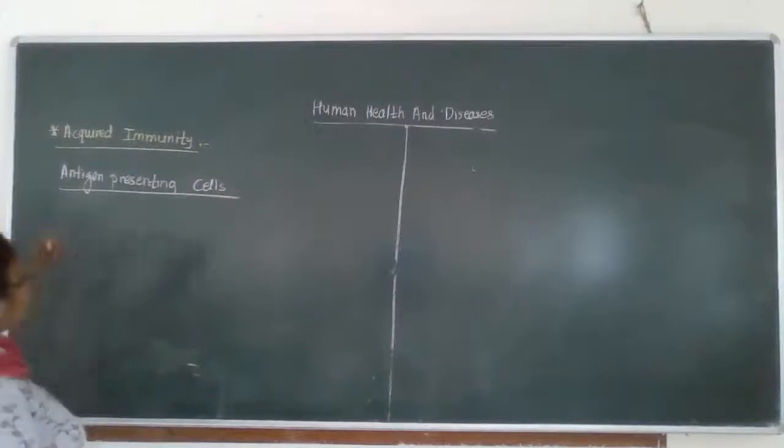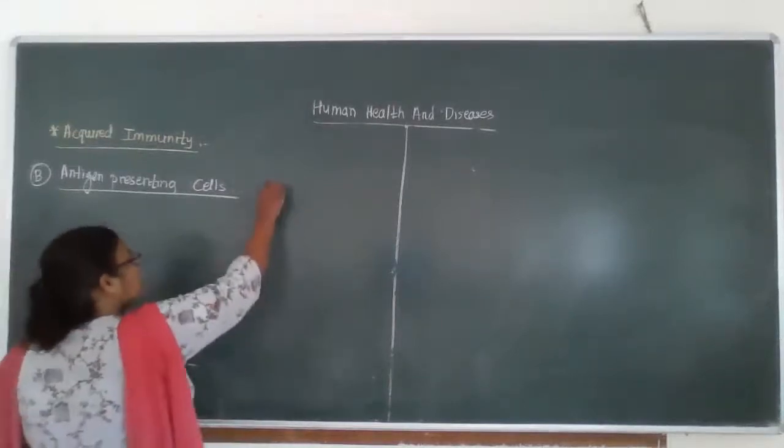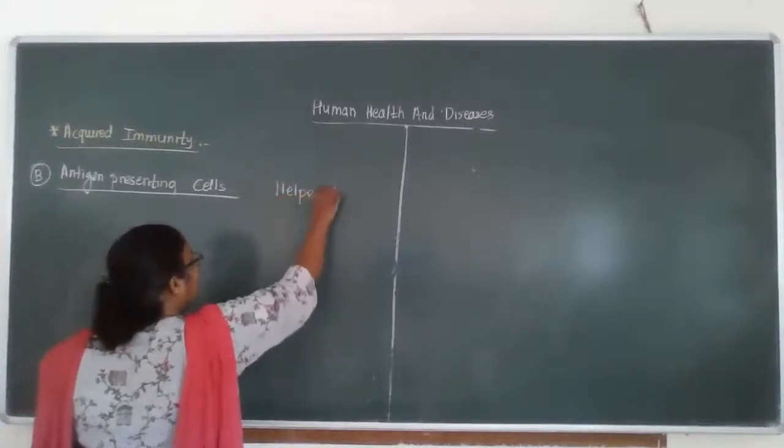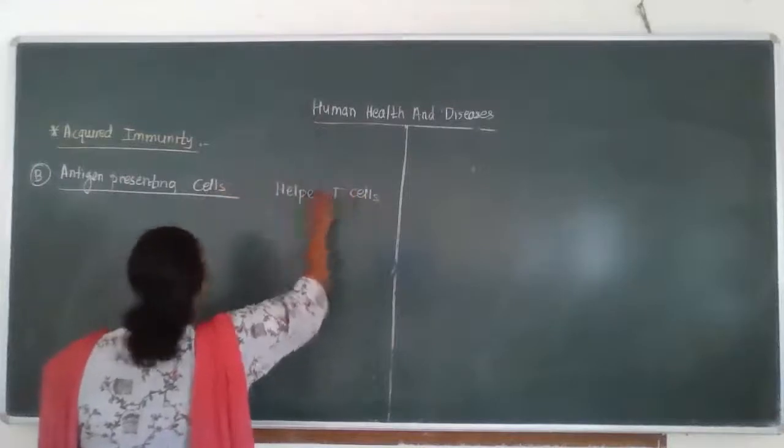So the first point was the lymphocyte, and the second one is the antigen presenting cells. Generally the helper T cells perform the function.